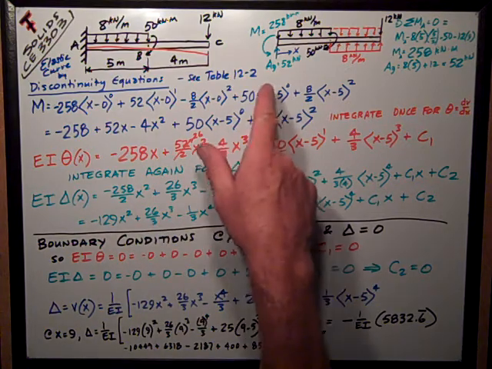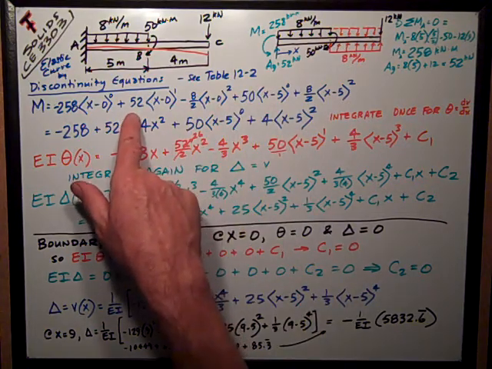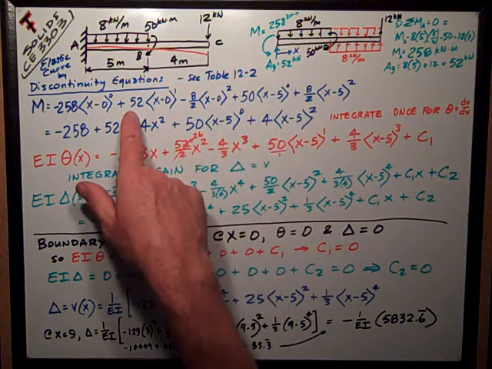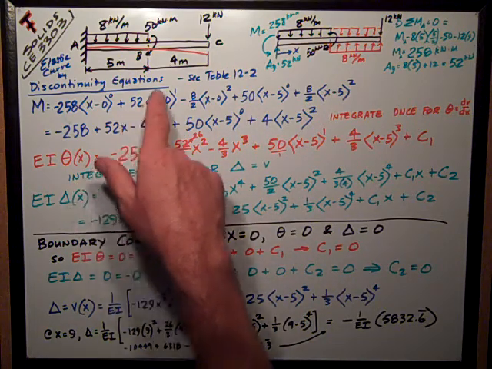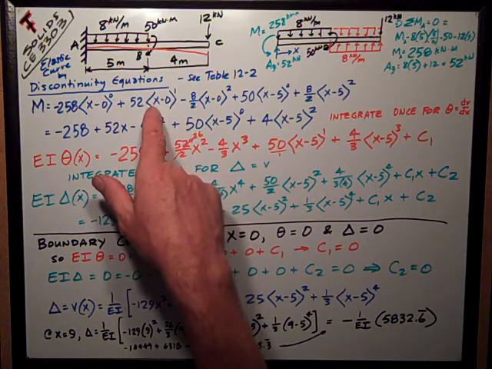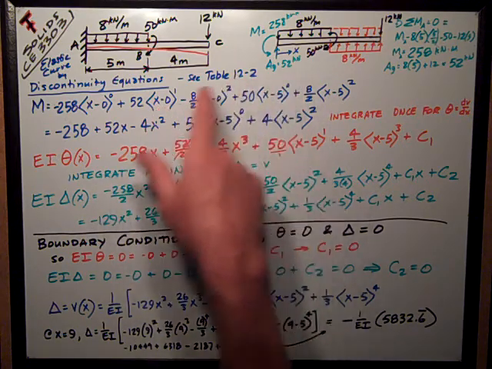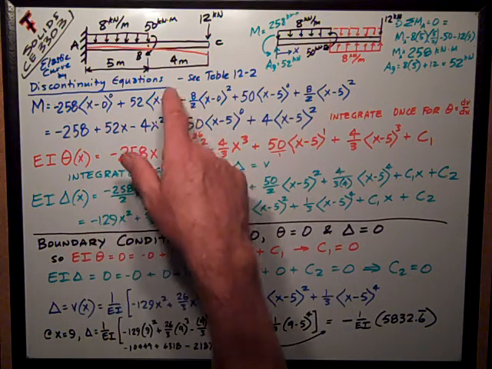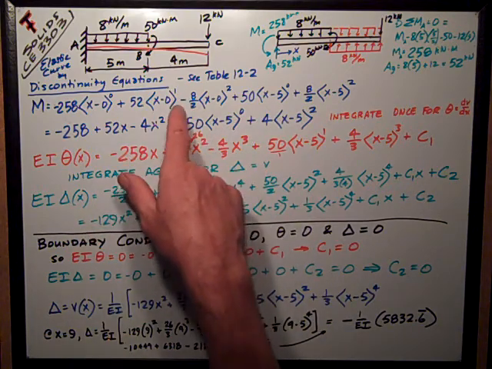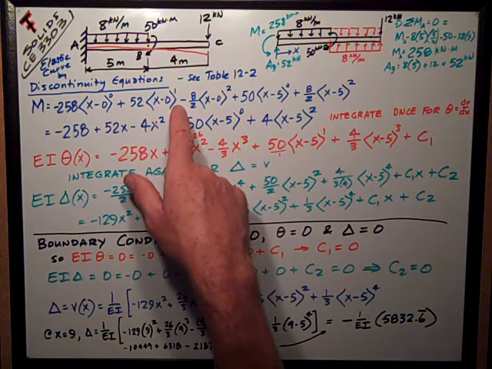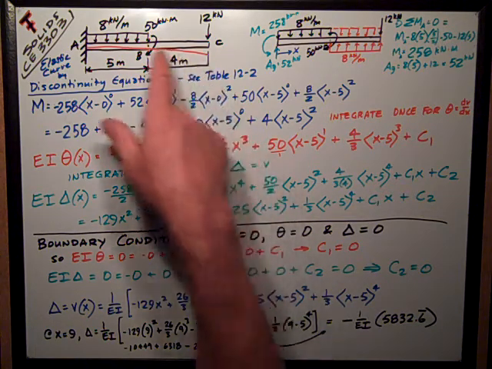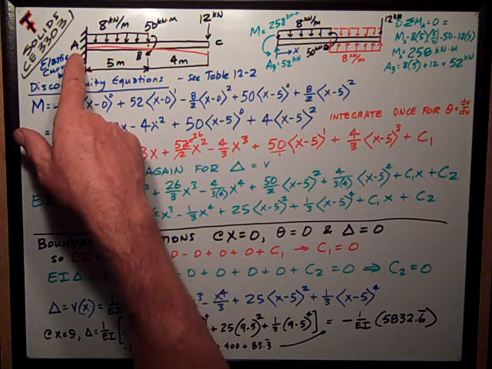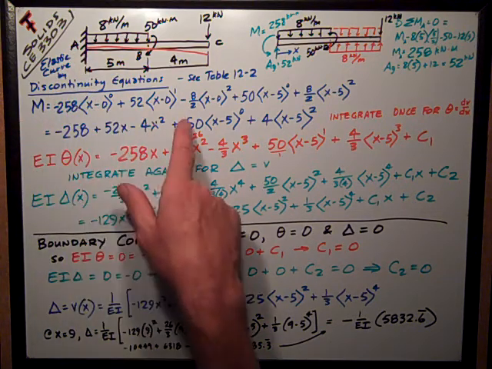From table 12.2, I also see that for a concentrated load, positive is up. The expression looks like this, 52 angle bracket x minus a, but a is 0 because it's occurring at the beginning of the beam, to the first power. Minus, also I have to account for the distributed load, which starts at a equals 0, or x equals 0.